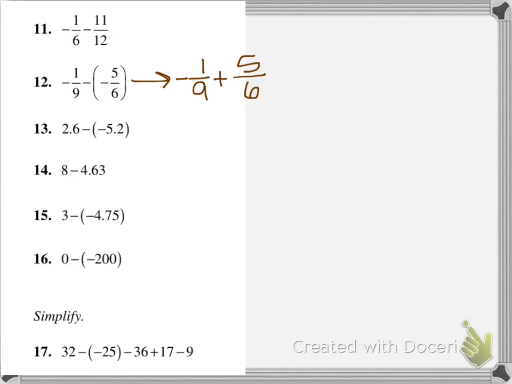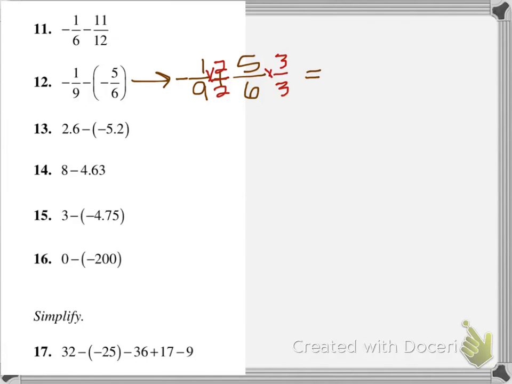The first number 9 and 6 both go into is 18. So I'm going to multiply this one by 3 over 3, and this one by 2 over 2.